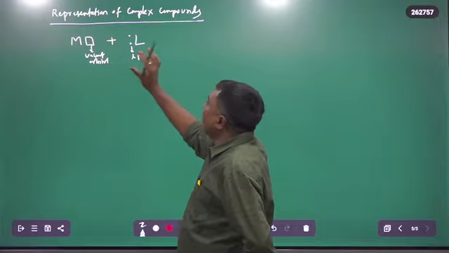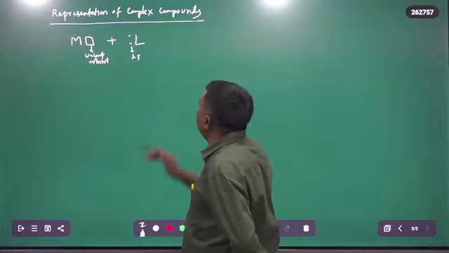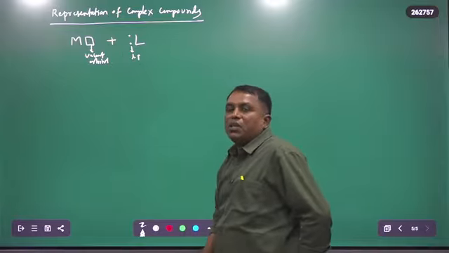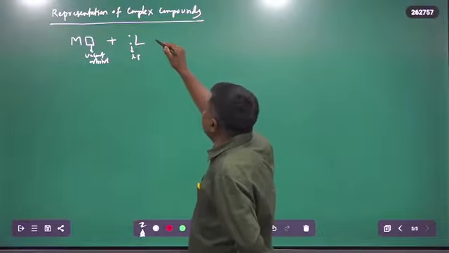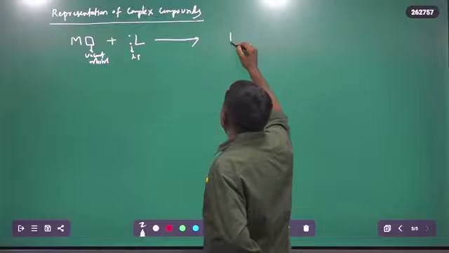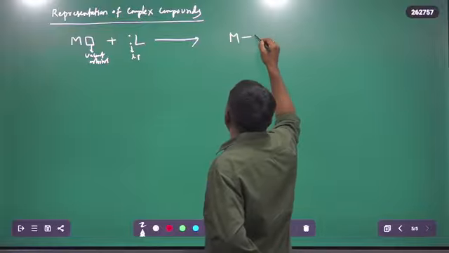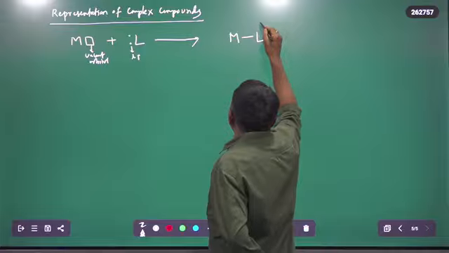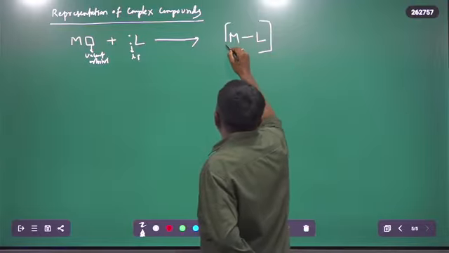Therefore, they may combine together to form a complex compound. So now you will get a complex compound looking like [M L_x L_y L_z]^(±n), with M and the ligands inside the square bracket.